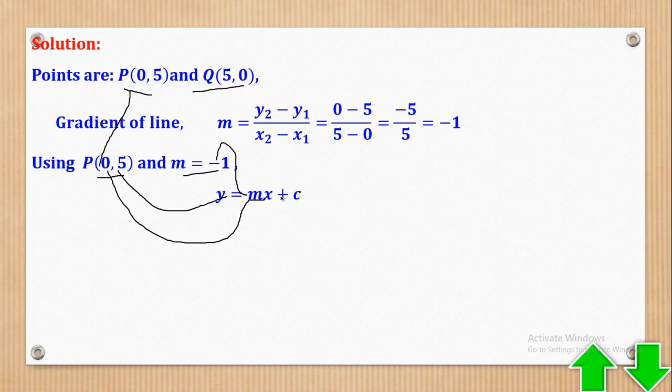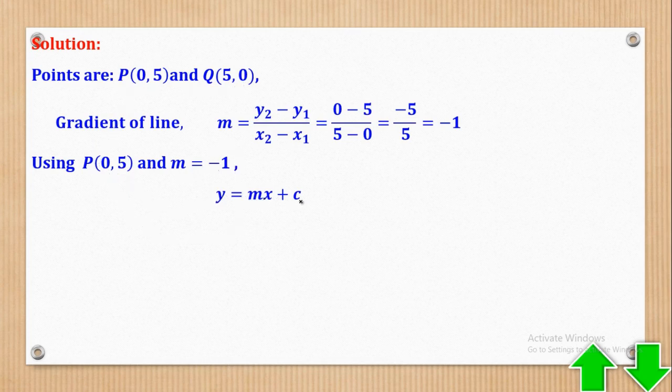I think you realize that I'll be left with c as the only unknown. So -1 times 0 is 0, meaning that c is equal to 5. Those are the 2 ways of getting the y-intercept: either by inspection or by calculation.